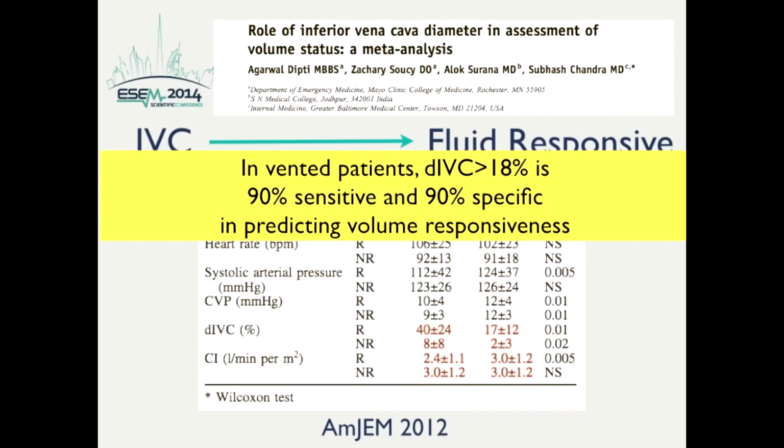So baseline central venous pressure did not accurately predict volume responsiveness. So this is another study that goes against using the CVP. And the conclusion from this study is that they suggest using respiratory changes in IVC as an accurate measure of predicting fluid responsiveness in septic patients.